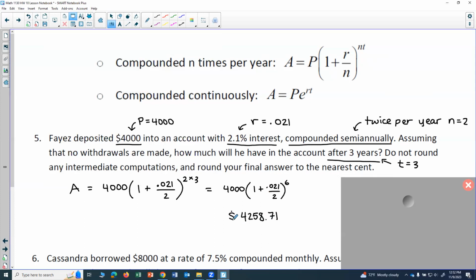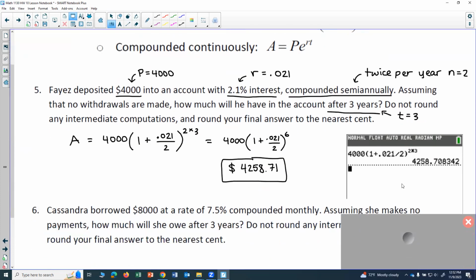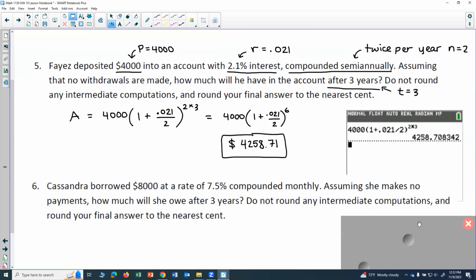So again, that was $4,258.71. So it's all about identifying the different parts of your formula, P, R, N, and T.